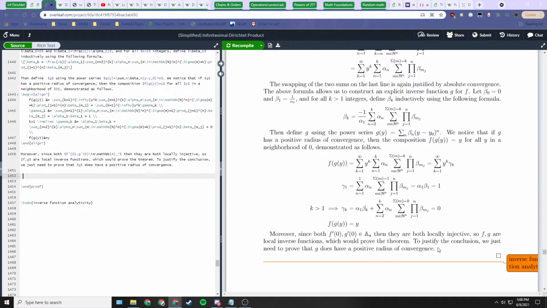So first we're going to define some coefficients delta sub k inductively in a similar way to beta, except using delta 1 is a of 1 over alpha 1.